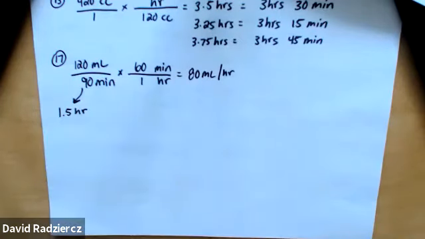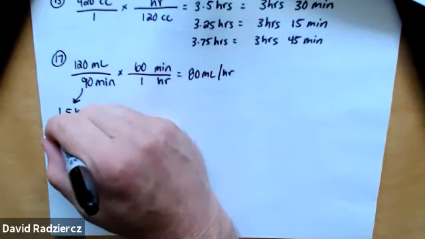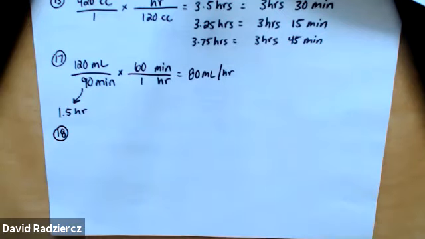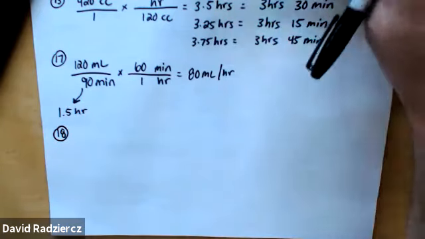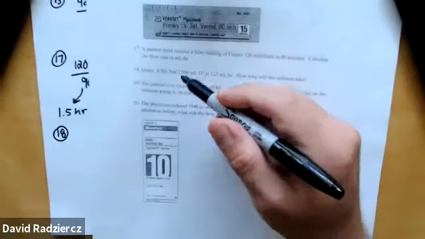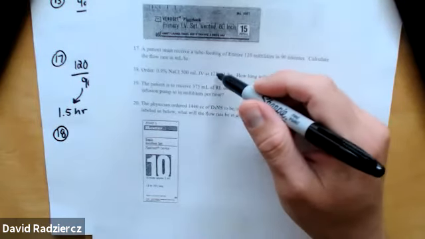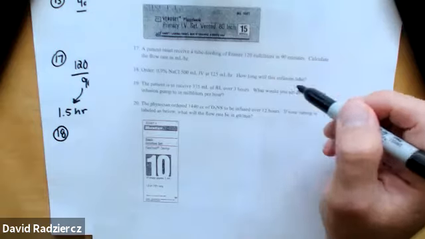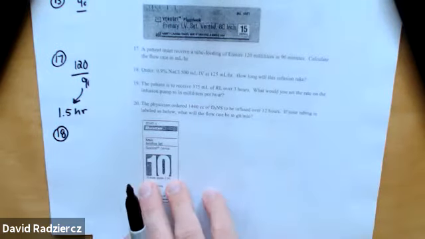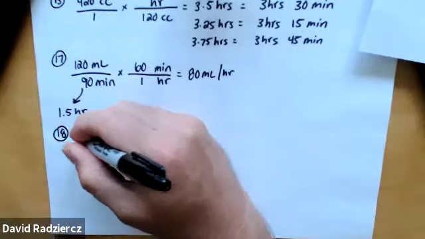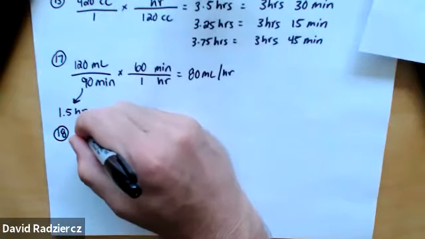18. Question 18 states that we have an order of 0.9% sodium chloride, 500 milliliters IV, infusing at 125 milliliters per hour. We want to know how long that infusion will take. So I start off with my 500 milliliters.